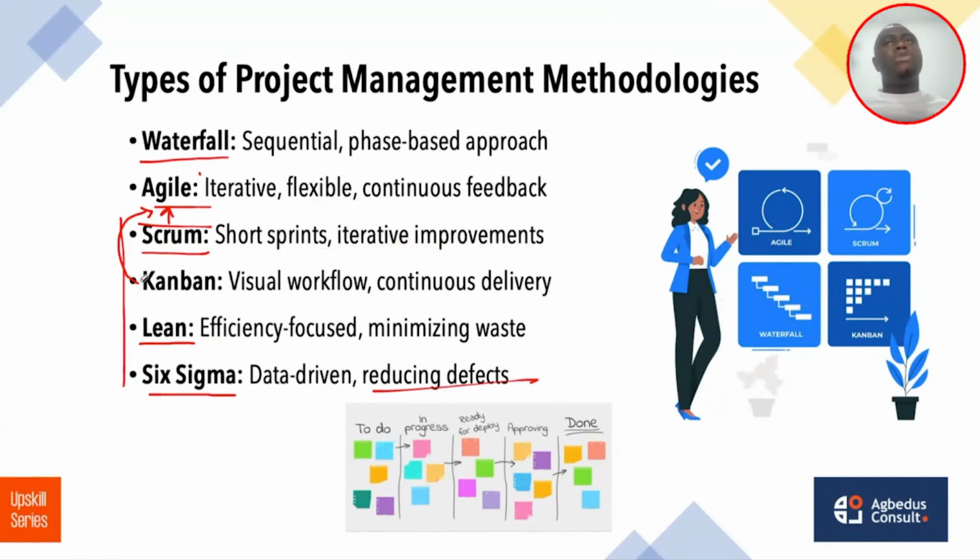Then we can talk of Kanban. The picture over here shows how Kanban is. Kanban deals with visual boards, where you have a list of things that people have to do. Let's say the marketing team has to do a promotion and the IT team has to do a website. Immediately the IT team starts working on the website, they move it to in progress.